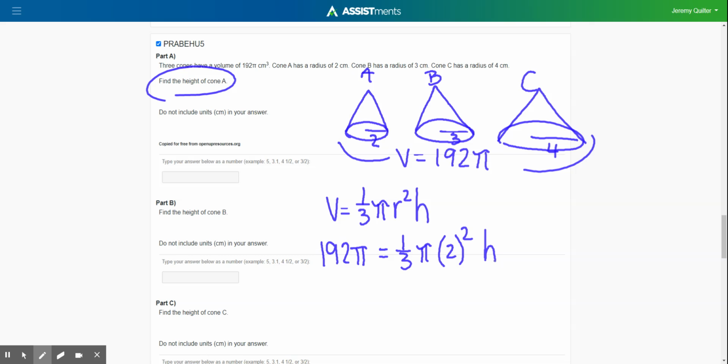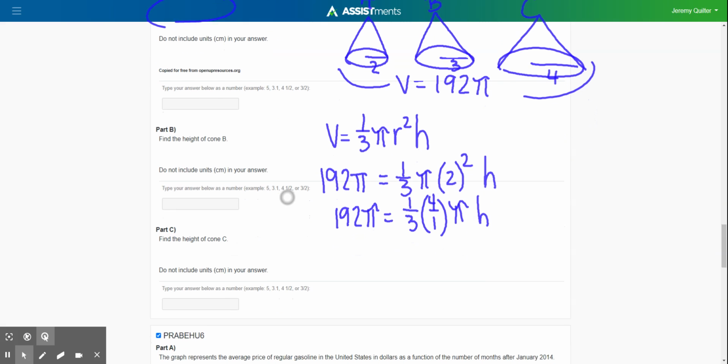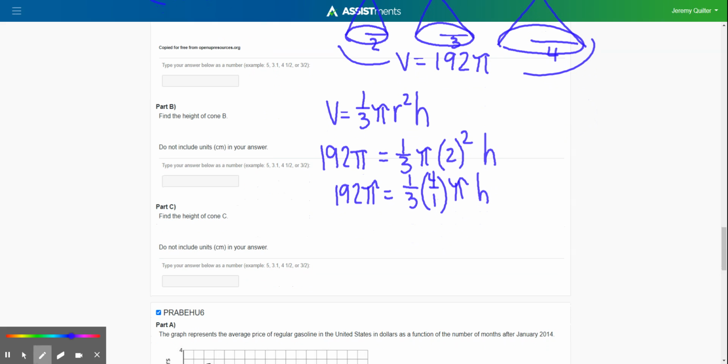So what I want to do with this is take 192 times pi is equal to 1/3 times 4 over 1 times pi times the height. The reason I do this is because it's just a little simpler for me when I put the numbers next to each other. I continue and I find that that's 4/3 of pi. So I'm going to go ahead and erase this and just write 4/3 of pi.